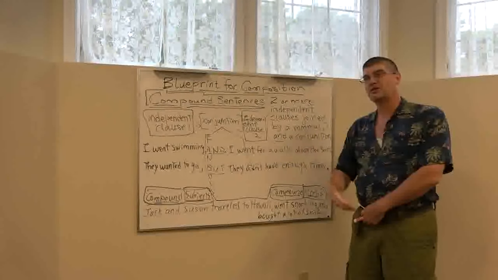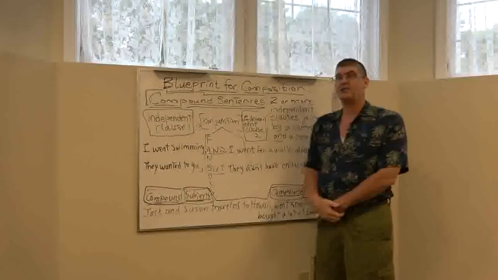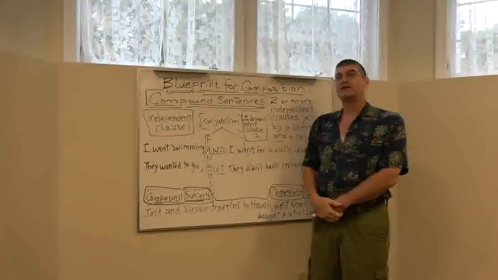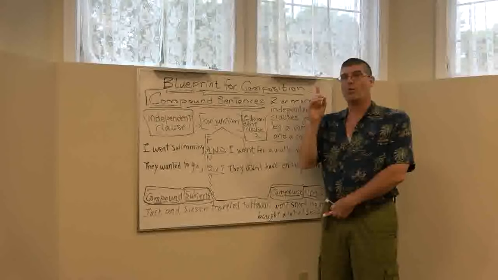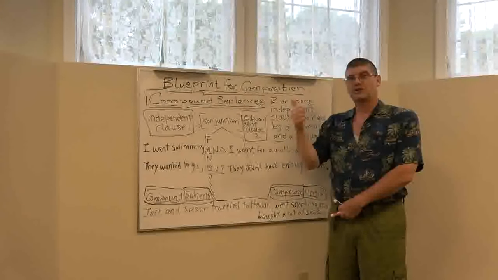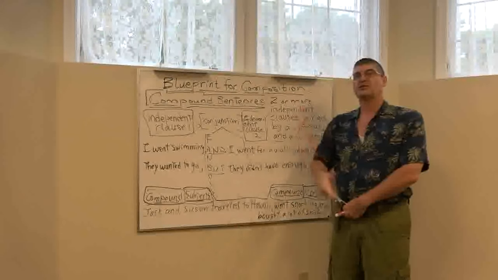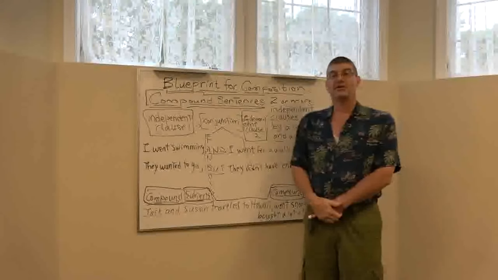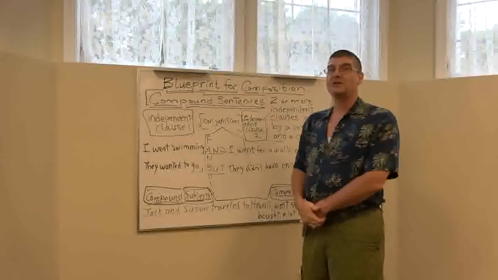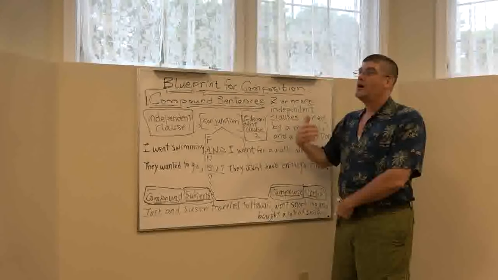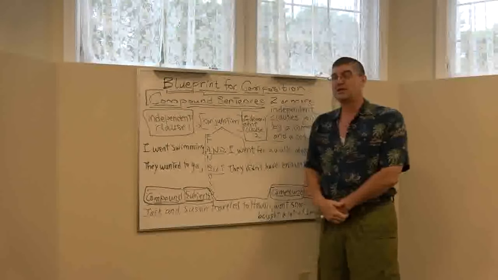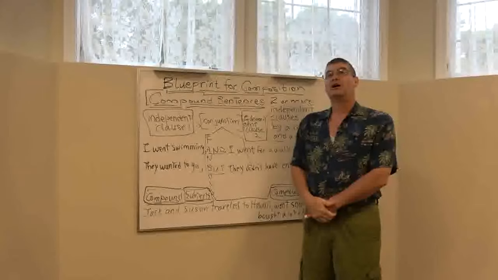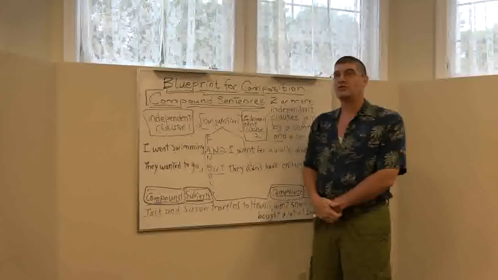So we talked about the simple sentence in the previous example of this series, and we said that a simple sentence is composed of one independent clause. It has a subject, has a verb, and it expresses a complete idea. That was the definition of the independent clause, or what is known as the simple sentence. So, obviously that is a very basic and fundamental piece of information that you need to know.